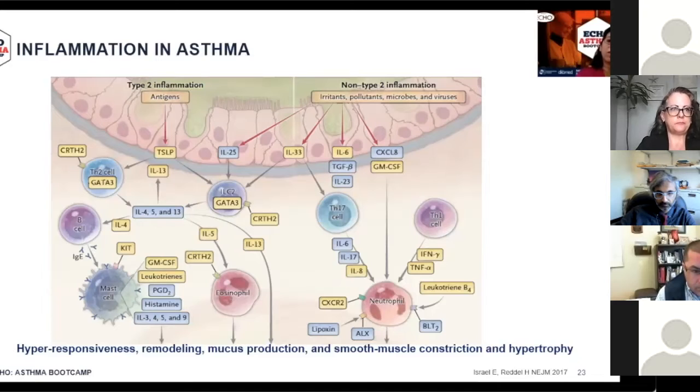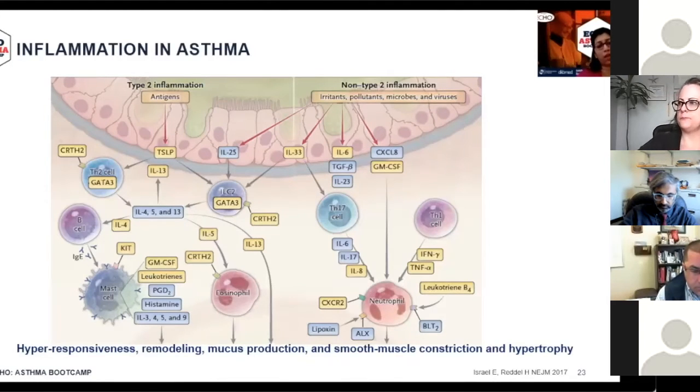And a lot of the inflammation we see in type 2 asthma or type 2 inflammatory asthma is associated with this eosinophilic inflammation. On the right side of the screen is non-type 2 inflammation. This often gets triggered by exposures to irritants, pollutants, microbes such as bacteria or viruses that creates a series of downstream cascade that triggers the Th17 and the Th1 cells to produce additional molecules.